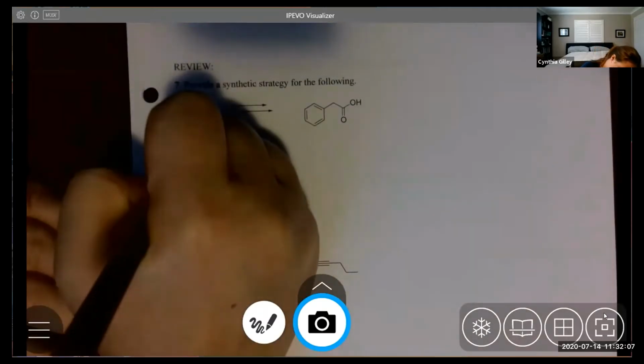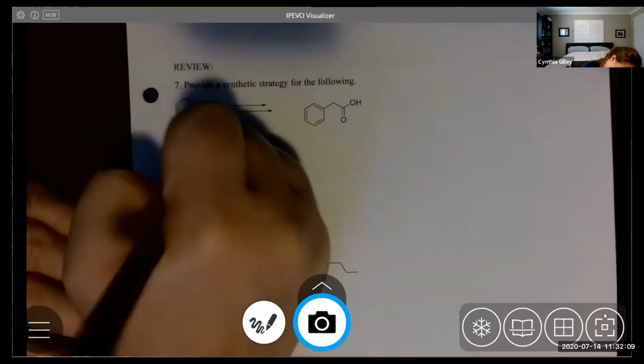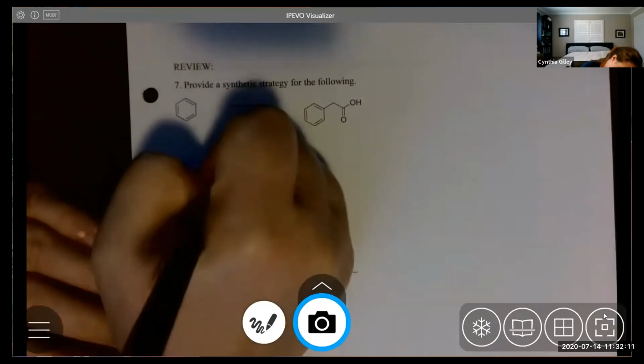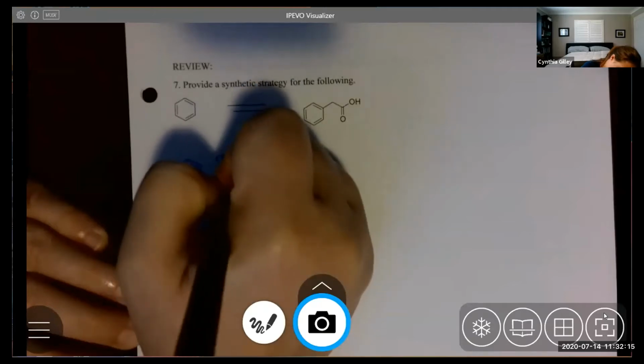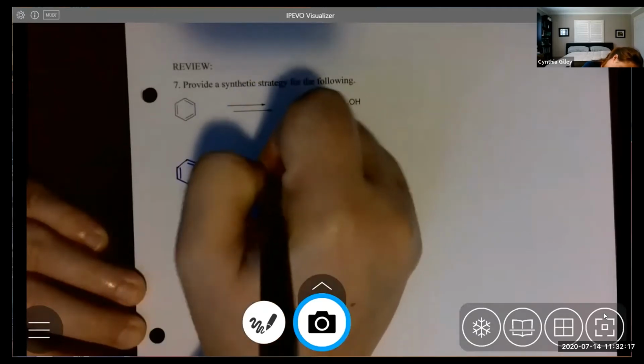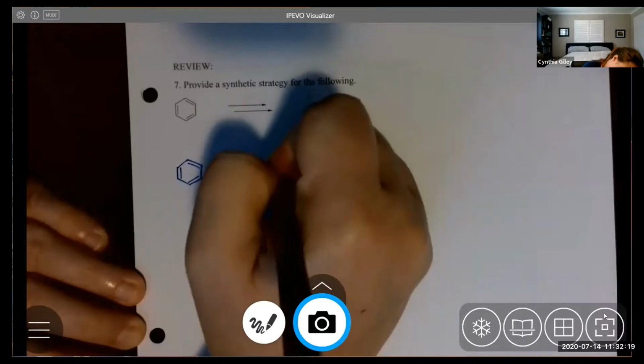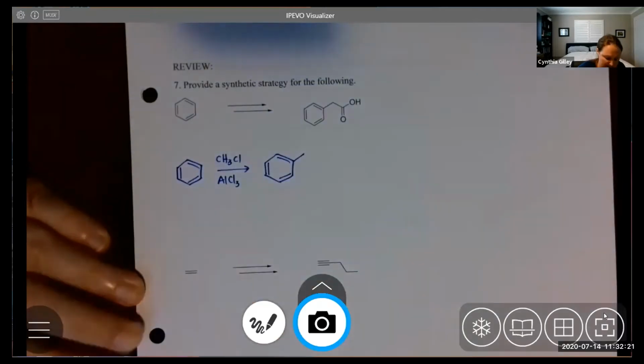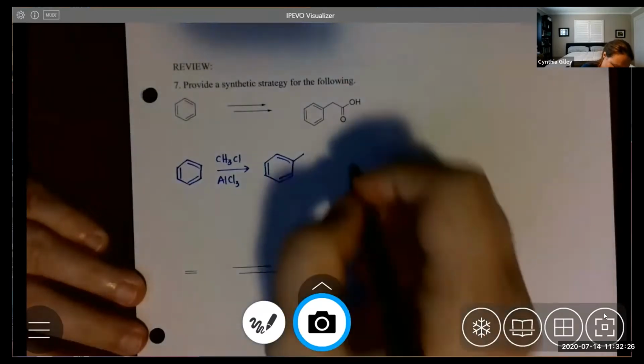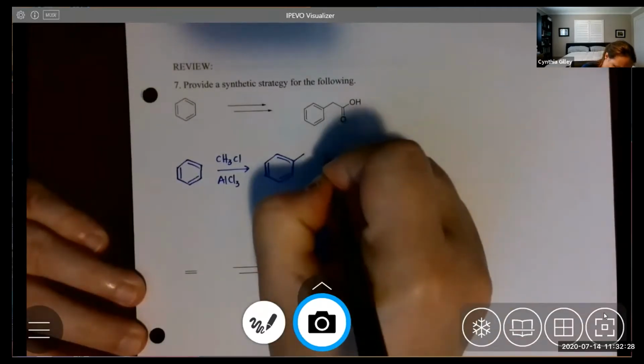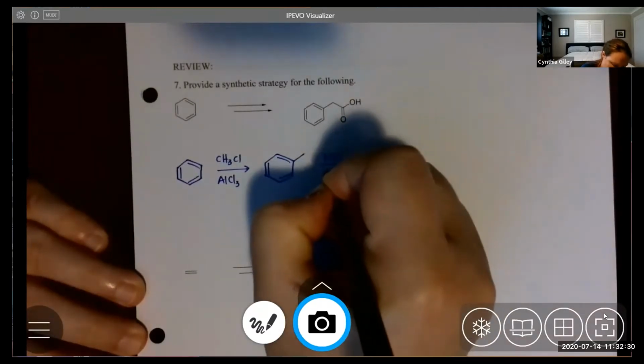Another option would be actually to just introduce a methyl group through a Friedel-Crafts alkylation reaction. And then once you have that benzylic carbon, now you can react it. One of the things you can do is add a bromine through NBS with light or heat.